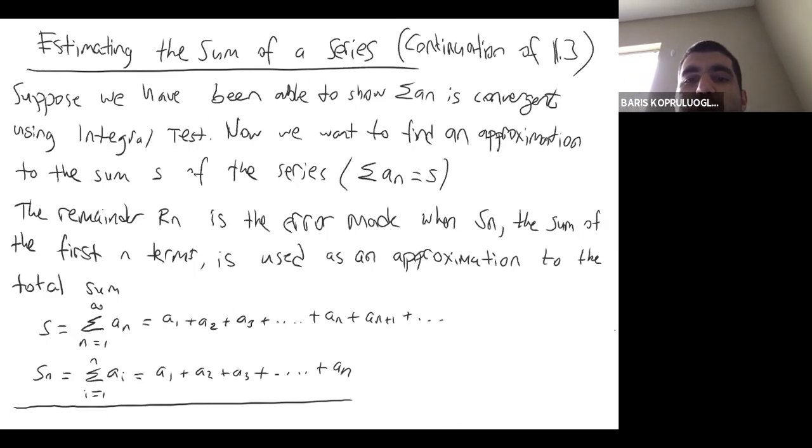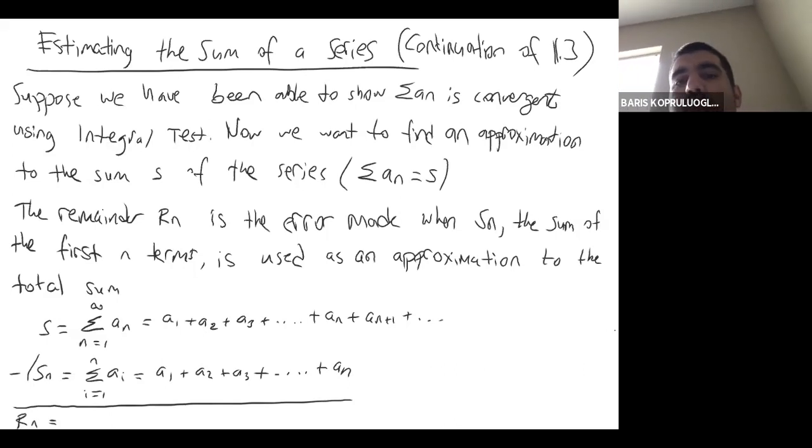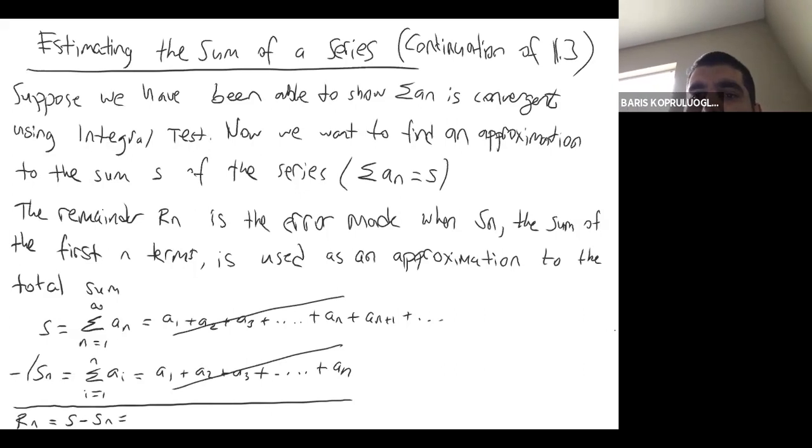So if you subtract S_n from S, it gives you the error, the remainder R_n, which is S minus S_n. The first n terms get cancelled, and you have a_(n+1) plus a_(n+2) and so on, and this is going to be less than the integral of f from n to infinity.